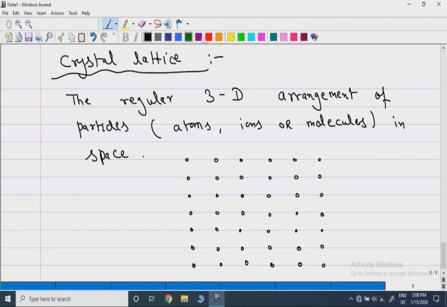Now the question was how these are 3D. As you can see, this is 2D right now. So you have to observe it. So this arrangement of particles is known as what? Crystal lattice. And these points are what? Lattice points. Please copy and then confirm.